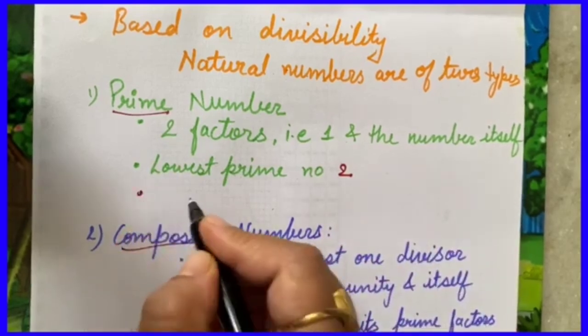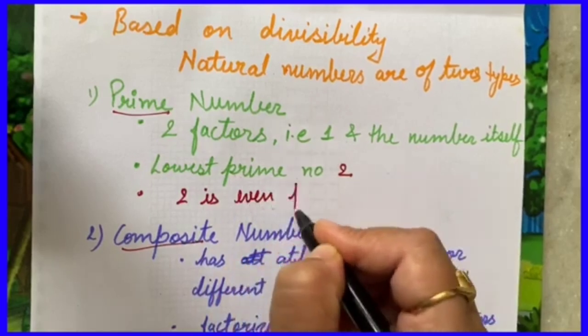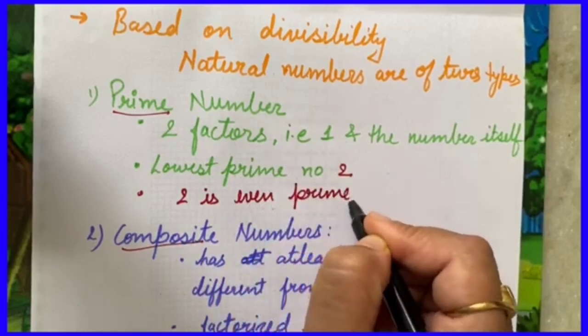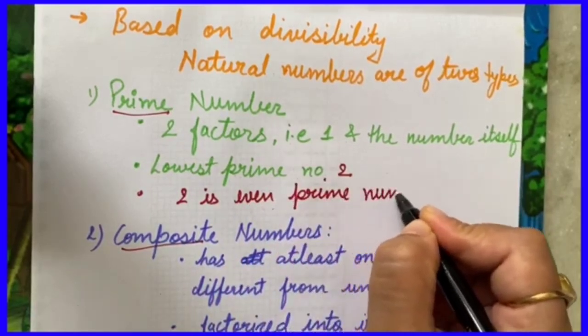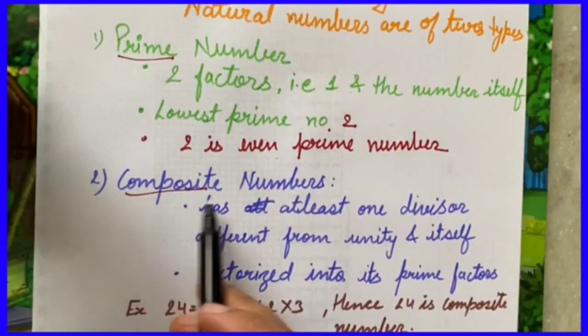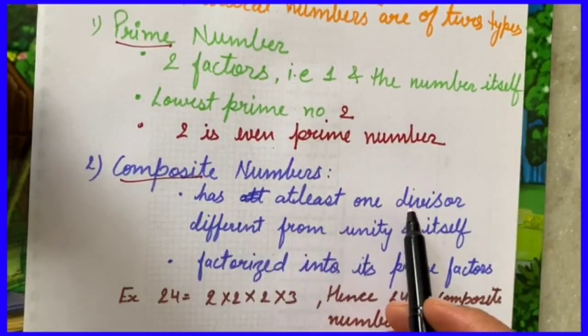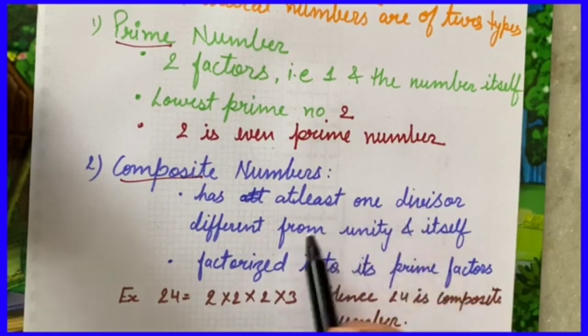So we can say 2 is an even prime number. Okay. Now composite numbers. Composite numbers are natural numbers that have at least one divisor different than unity and itself. Fine.